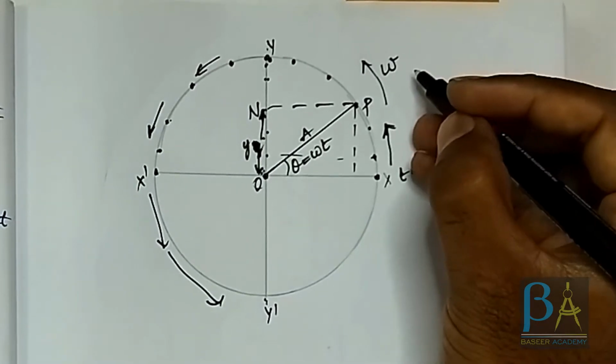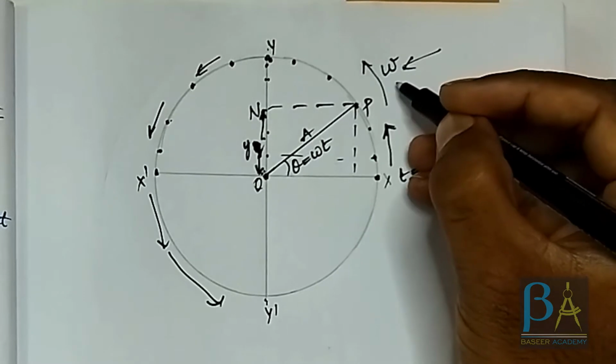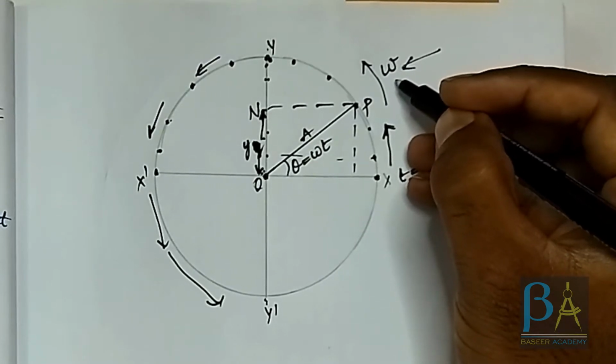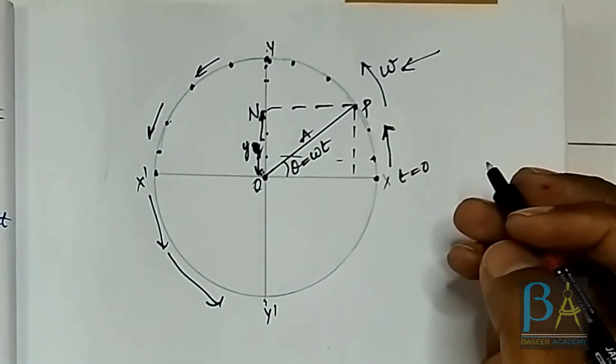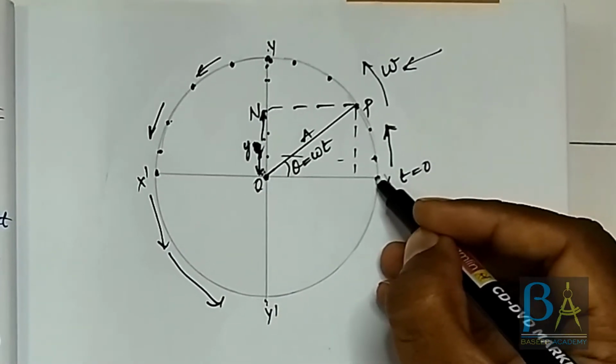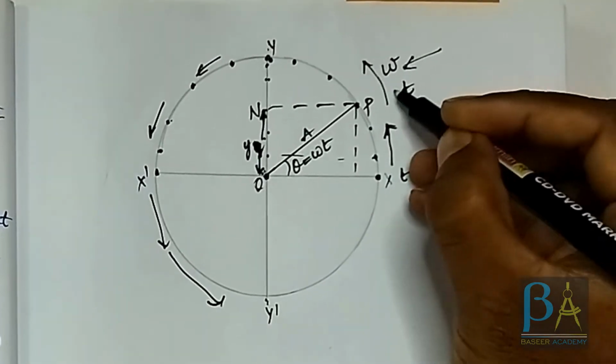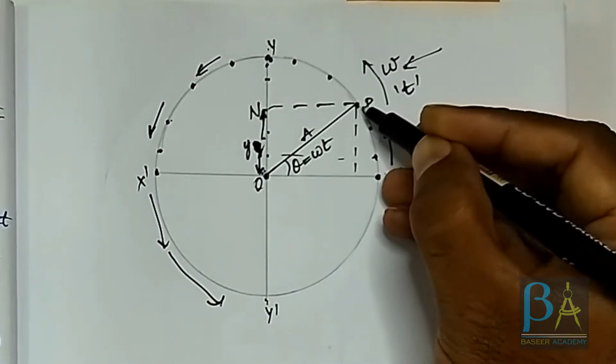Let us say the particle is moving with a uniform velocity which we denote by omega, and let us say the particle at time t is equal to 0, during its starting stage, was at this point, and after some time t, the particle moved to this point.